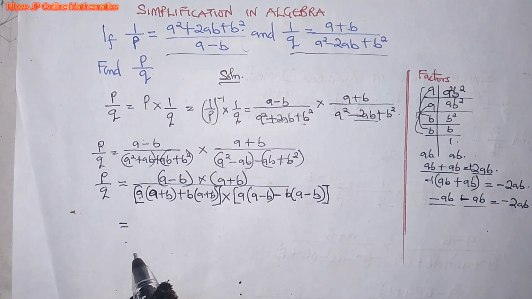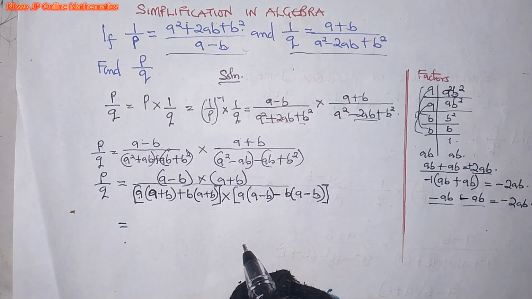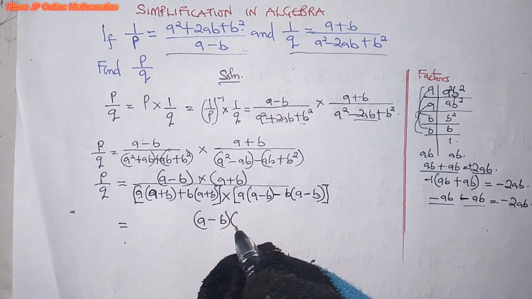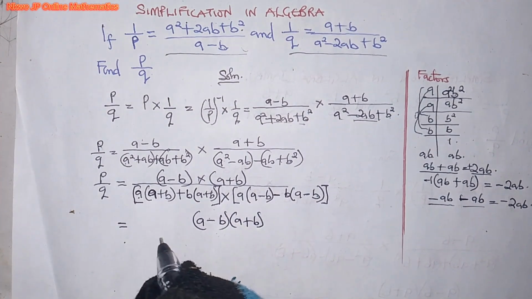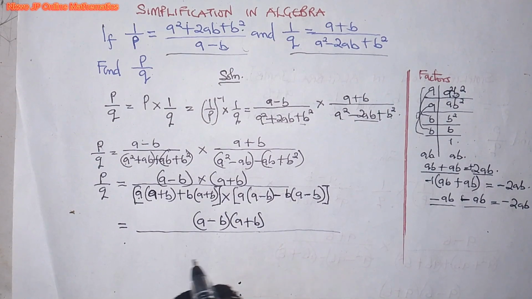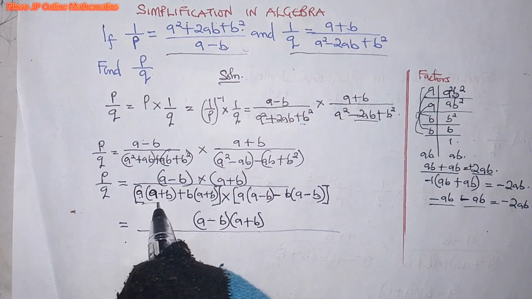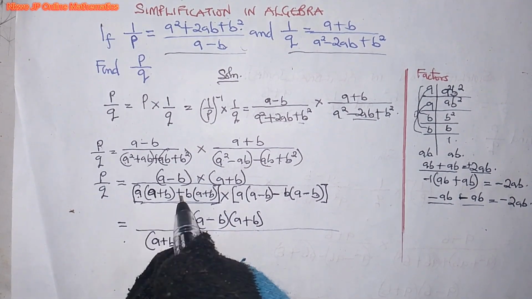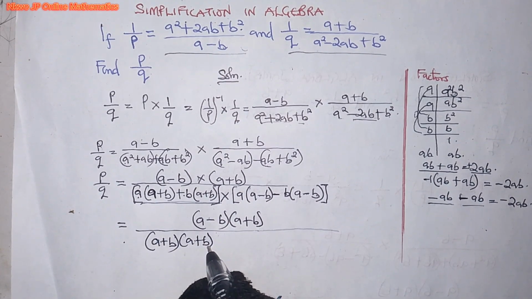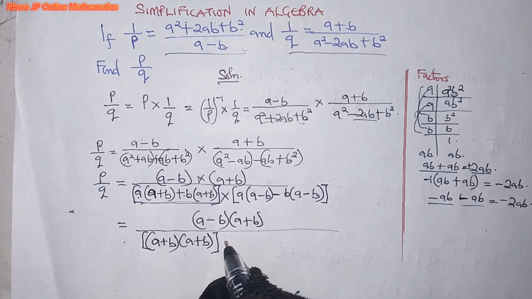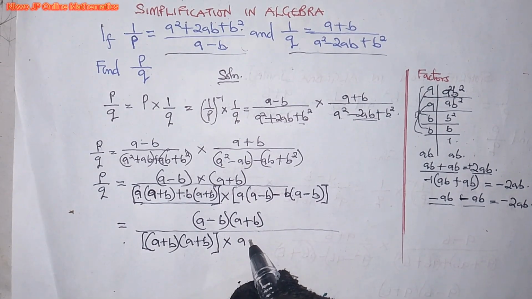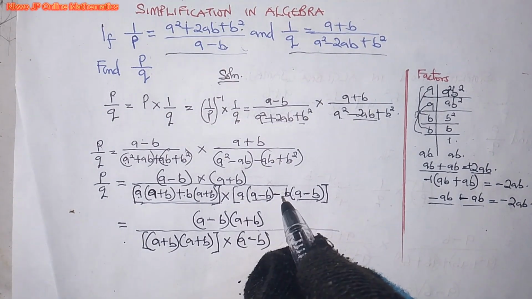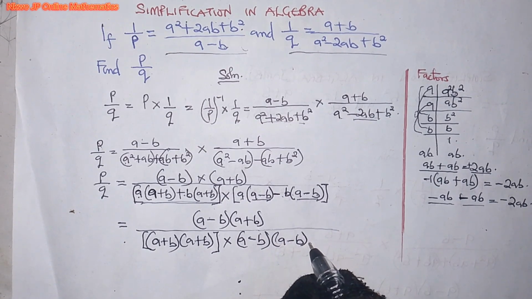So if we continue applying the factorization method, we are going to have a minus b, all multiplying a plus b at the numerator, divided by, so at the denominator, now we are going to see that this now becomes a plus b, and this is a plus b, multiplying this, we now see is a minus b, since a minus b is the same in both brackets, and a minus b. So we are now having this.